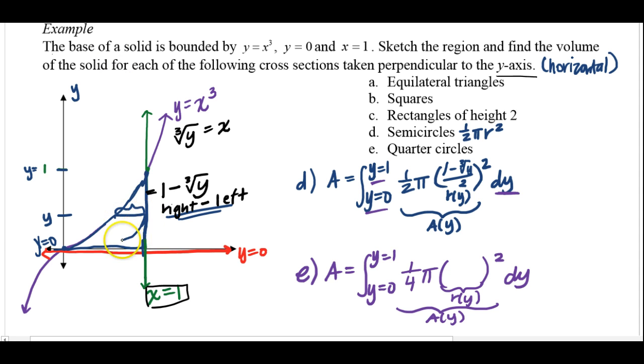So I would have something like this. Here's my quarter circle, so that now this is just a radius. So this is r of y. So I don't have to divide by 2 when I'm talking about quarter circles. I can just substitute in 1 minus the cube root of y, right minus left, to find r of y. And here's my setup for quarter circles as my cross sections horizontally.